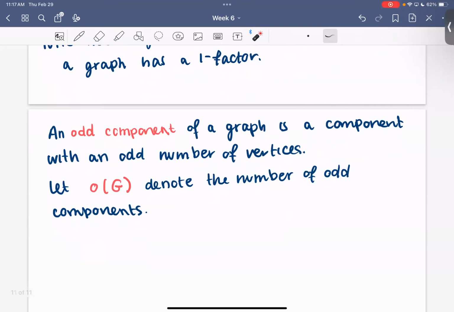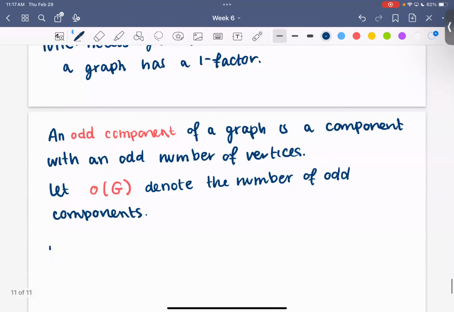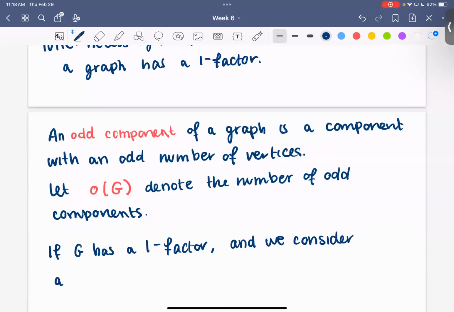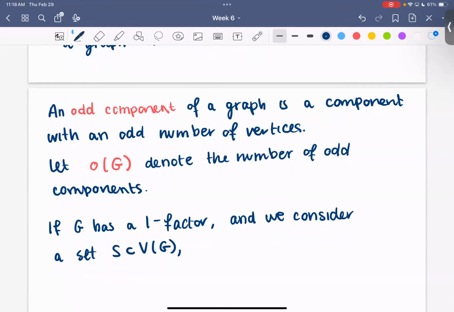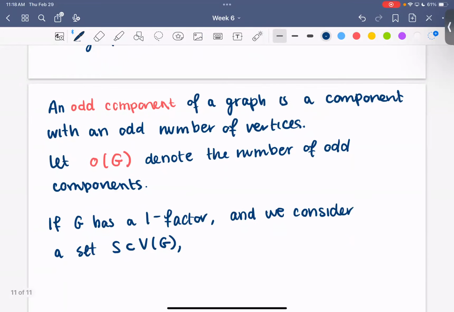So, let's say we have a graph G. If G has a one factor, and we consider a set S of the vertices, then let's think about what G minus S looks like. We'll draw a picture.